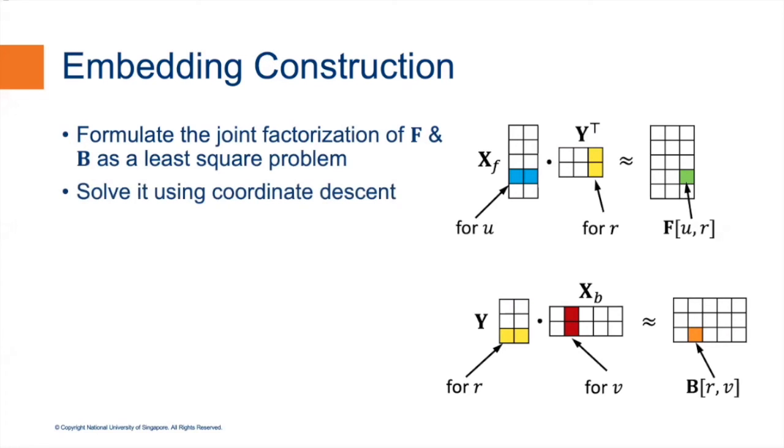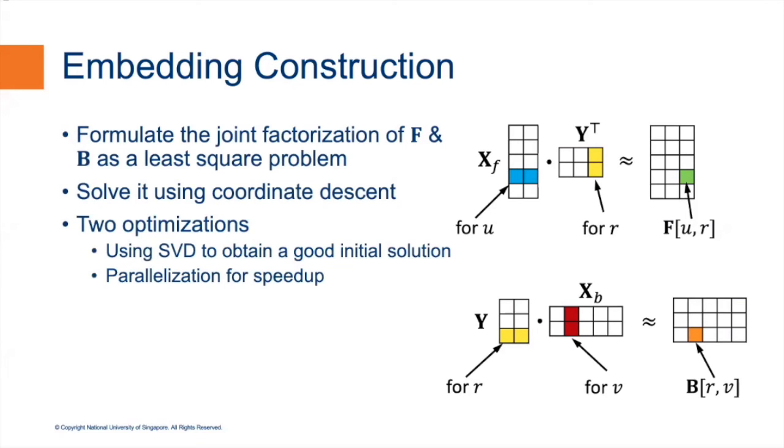This problem can be solved using coordinate descent, but the algorithm may need a large number of iterations. Fortunately, we find that it is possible to obtain a good initial solution to the problem using SVD. From this initial solution, we only need a small number of iterations to get high-quality embeddings. Furthermore, the algorithm can be parallelized to achieve even higher efficiency.